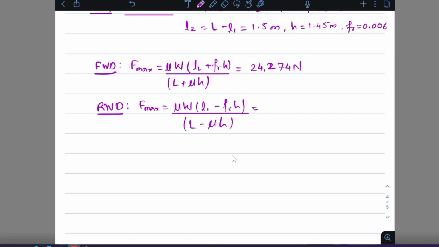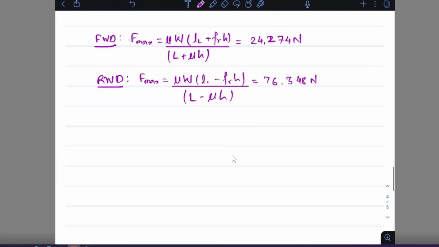This comes out to be, right. So for this particular heavy vehicle, we have F max at front wheel drive much less than F max at rear wheel drive.